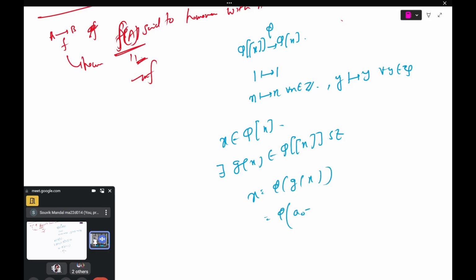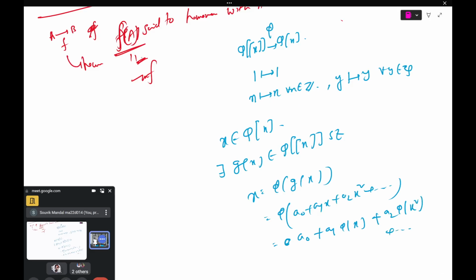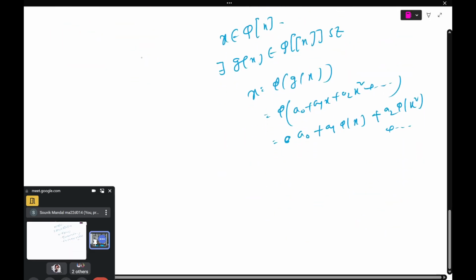Let g equal a0 plus a1 x plus a2 x squared plus dot dot dot. Since phi is a homomorphism, this will be a0 plus a1 phi(x) plus a2 phi(x) squared plus dot dot dot, right? So this is our x, correct?